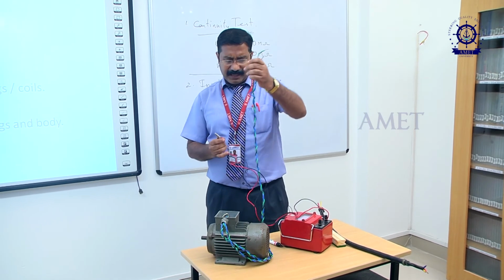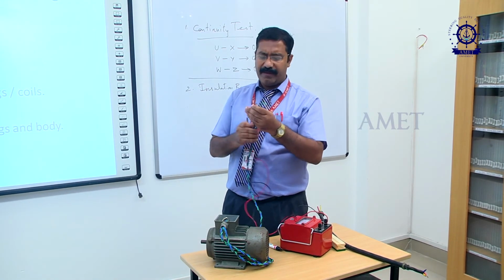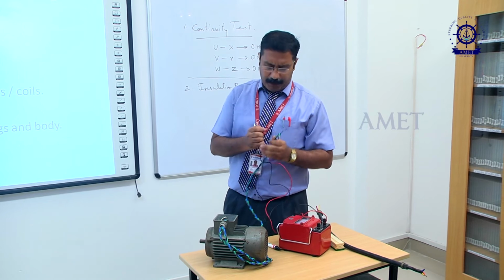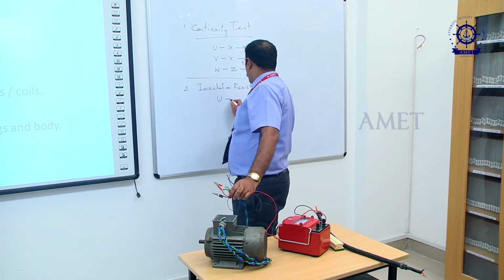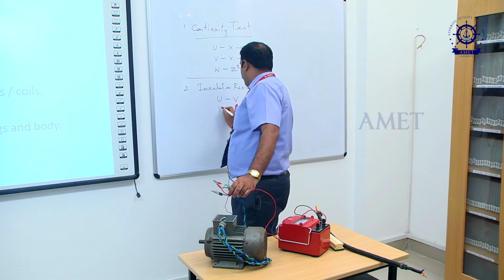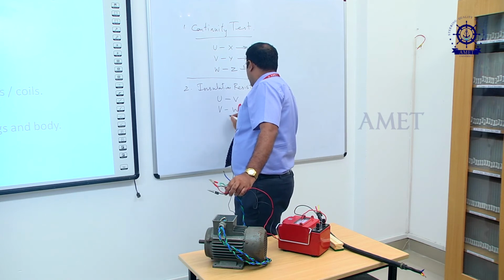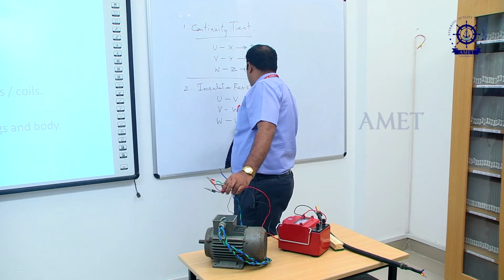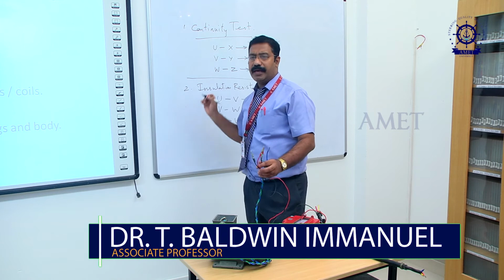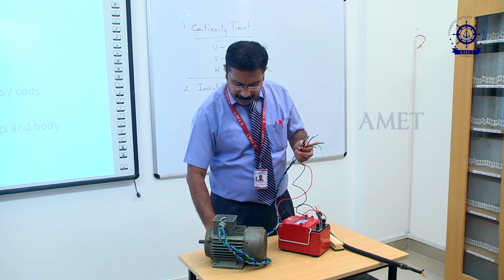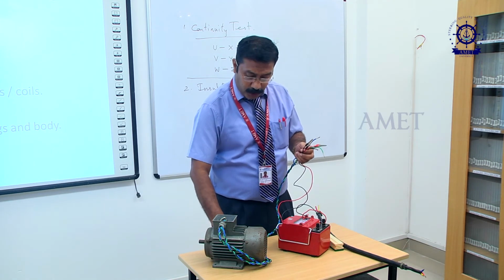I will take the starting winding terminals, so I have 3: U, V and W. I have to measure across U and V, V and W, and then W and U. For these 3 readings, the value in mega ohms should not be 0.